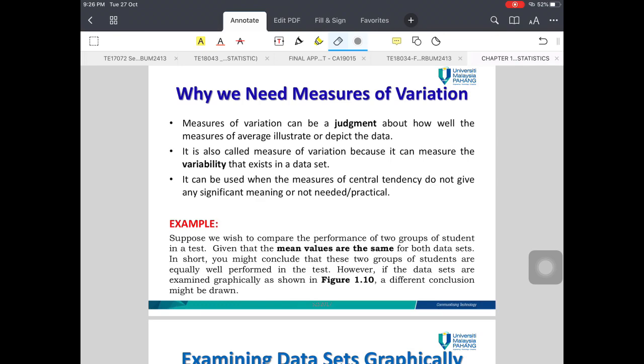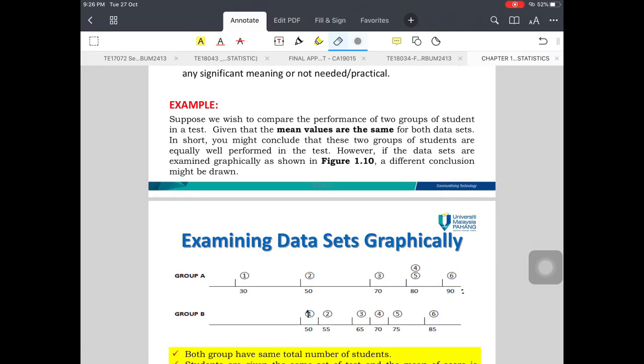Okay, so we look at this example. Suppose we wish to compare the performance of two groups of students in a test. Given the mean values are the same, which means when we calculate the mean for these two groups, we are going to get the same values for both data sets.